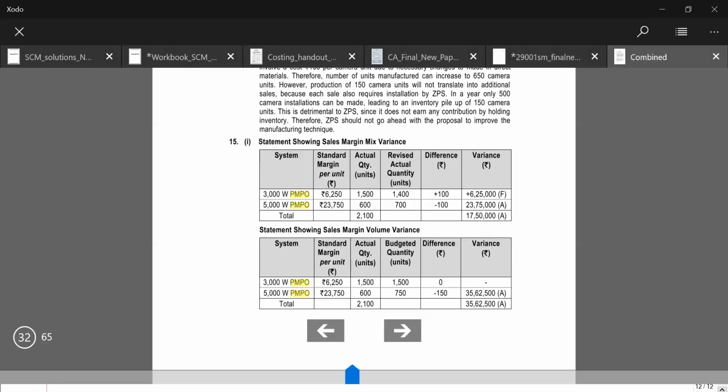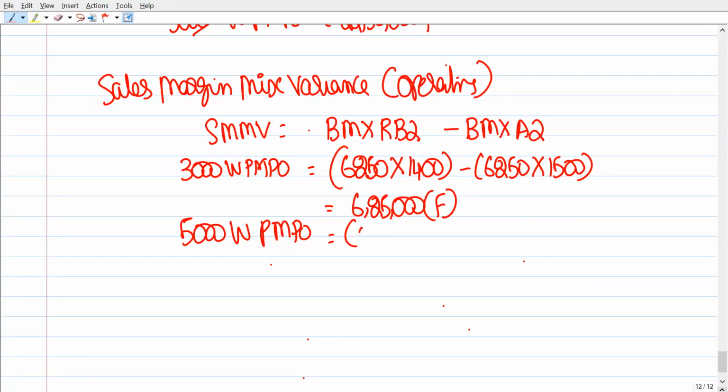Then 5000 WPMPO is equal to, what was the number? 23,750 into 700 minus 23,750 into 600.